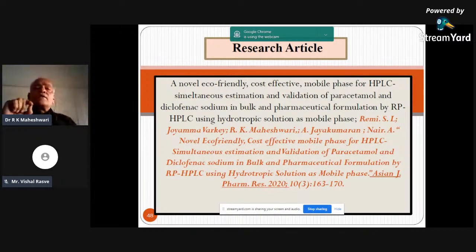I am not saying this for all poorly water soluble drugs. Here there is some limitation. In case of poorly water soluble solutes or drugs, there is a limitation, so I am leaving this point here. But what I am telling you is that reverse phase HPLC can be performed for all water soluble solutes or drugs.